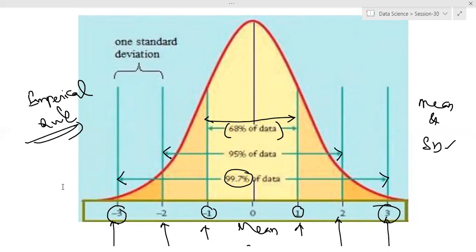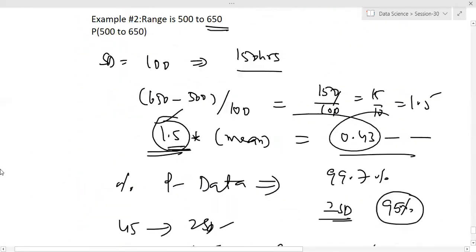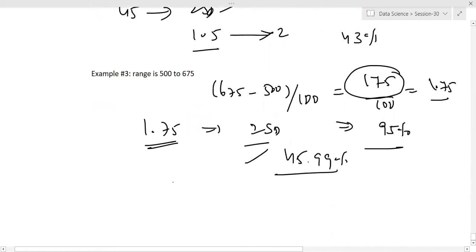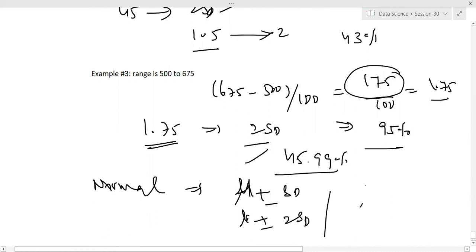Now immediately one question you should ask me, friends. In the case of the normal distribution, this is perfectly valid: mu plus or minus 1, 2, and 3 standard deviations.